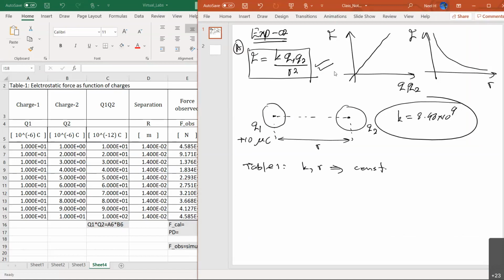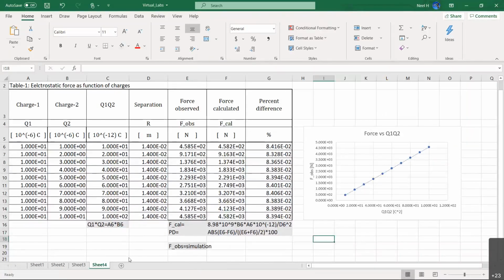As a result, F is directly proportional to the product of Q1 and Q2, which means I should get linear behavior. Okay. So that means we are getting exactly what it is supposed to be. You have to explain that in a couple of sentences. One or two sentences is good enough. Okay, question. Everybody okay with that?